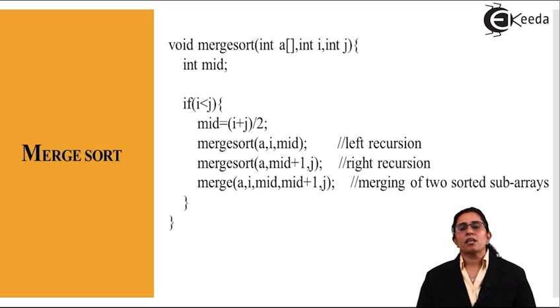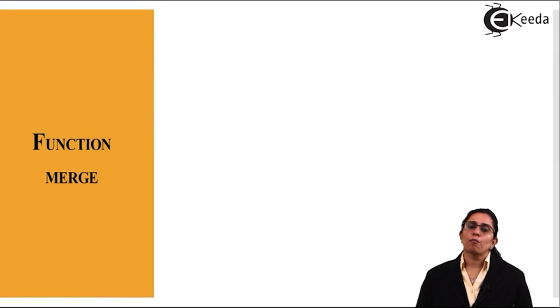Now we see how the function merge works. We have seen that the merge sort will split each and every element of the list into a single element. Now how do I merge them together? Now this merge function is used to merge all the split elements and then sort them accordingly and use the conquer strategy to finally give me an output.